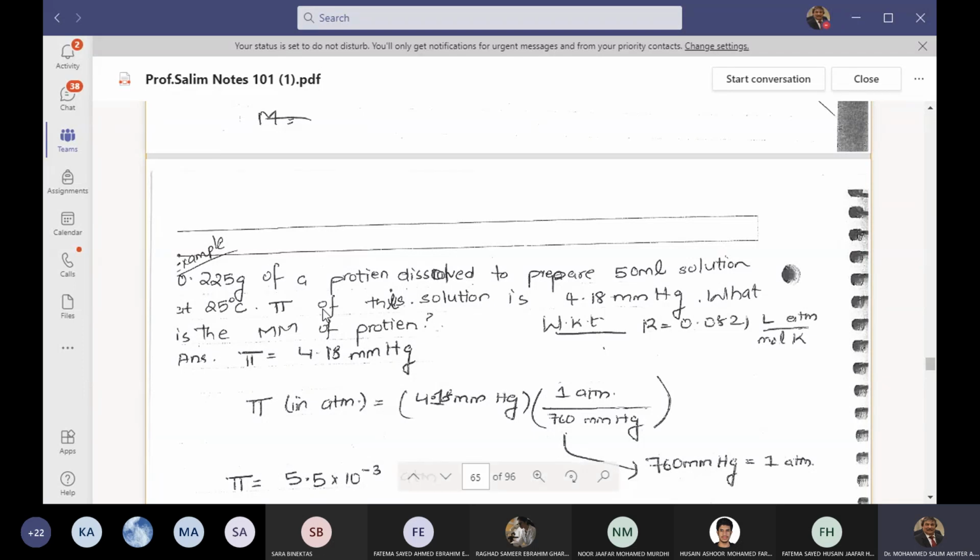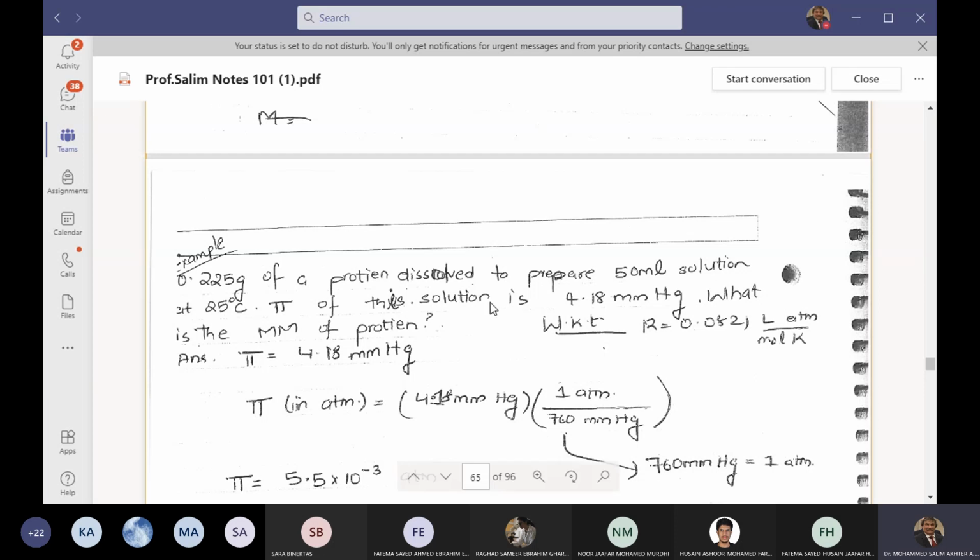Please write it down: 0.225 grams of a protein dissolved in water to prepare 50 ml solution at 25 degrees C.